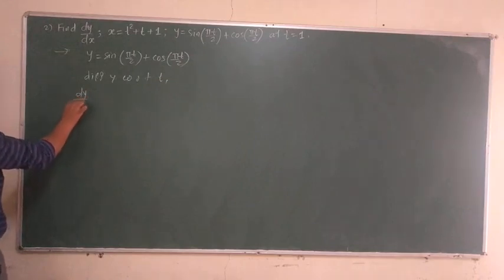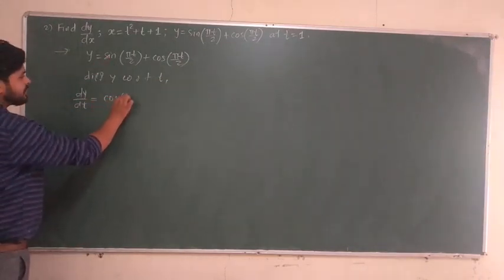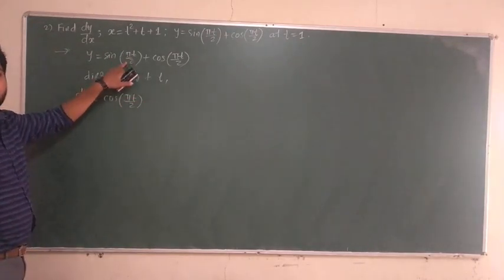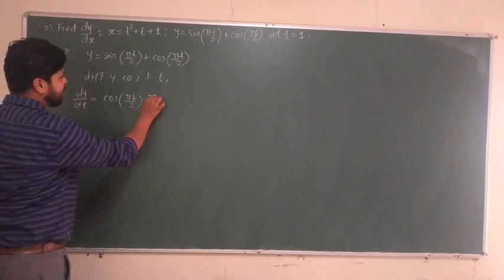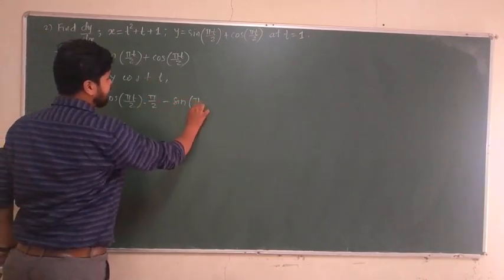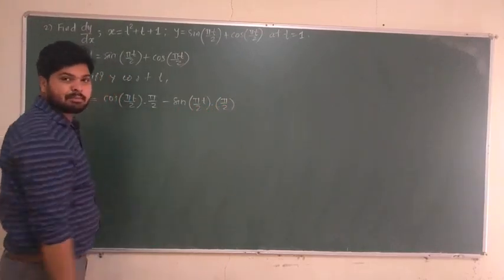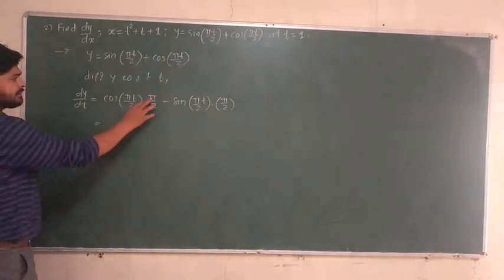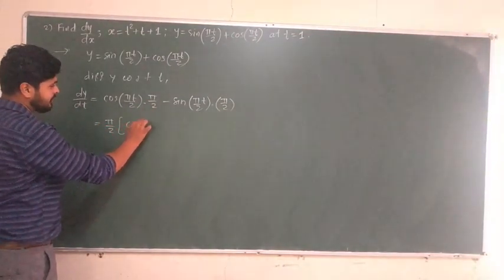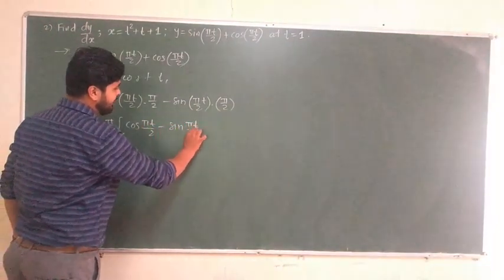So dy by dt is equal to the derivative of sin, which is cos pi t upon 2, into the derivative of the internal part pi by 2 into t. That derivative is pi by 2. Then the derivative of cos, which is minus sin pi by 2 into t, into the derivative of pi t upon 2, which is pi by 2. So if I take pi by 2 common, then pi by 2 in bracket cos of pi t upon 2 minus sin pi t upon 2.